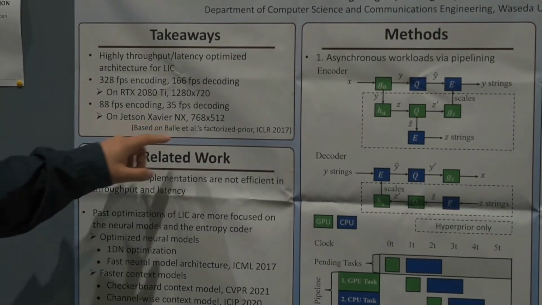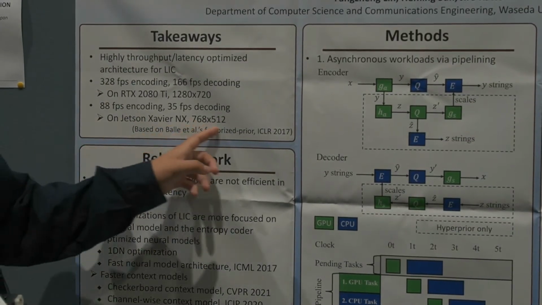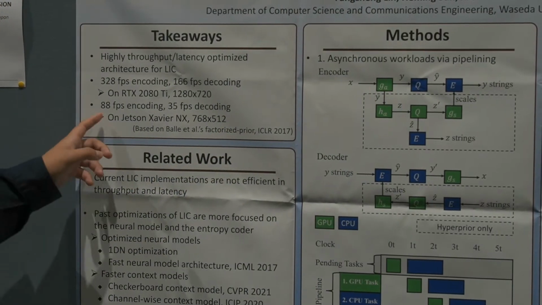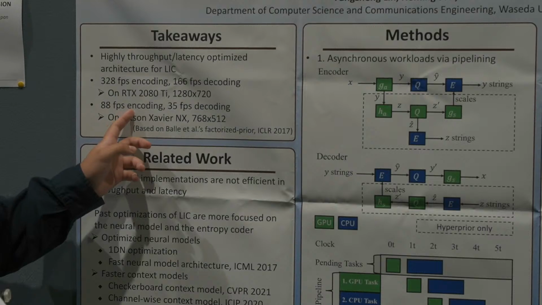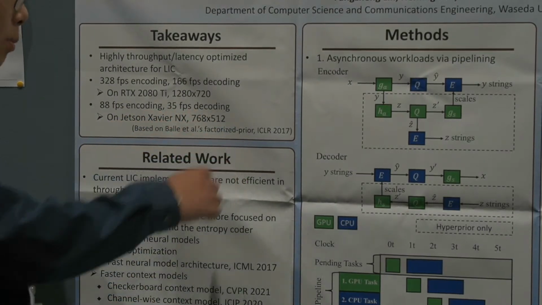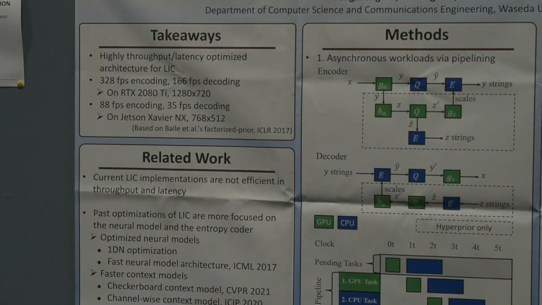And even on this embedded platform, this is made by NVIDIA, an embedded board, and on this size image, which is the Kodak dataset size images, we can even achieve 88 FPS encoding and 35 FPS decoding. And this is based on the factorized prior model. So our implementations can achieve very high performance.